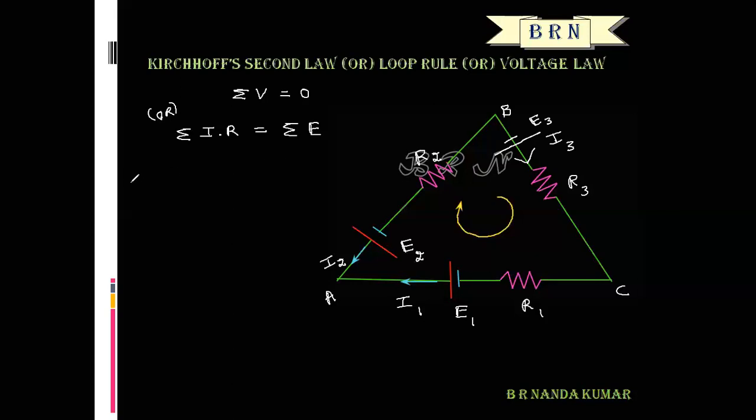First, we have to choose an indication inside the loop. This point is very important. Here the indication inside the loop A, B, C, A is clockwise.